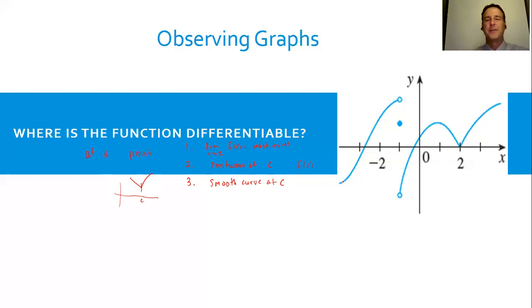All right, so where is it differentiable? Well, you can find slopes of tangent lines along all these points, until you get to this spot here where there is an open circle at -1. Well, I don't know if this goes on forever, but I will assume maybe it does.